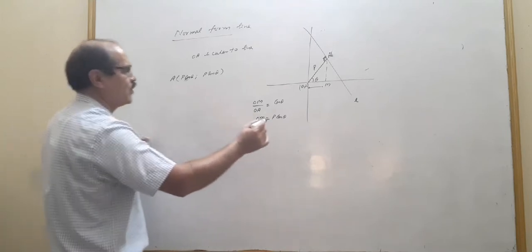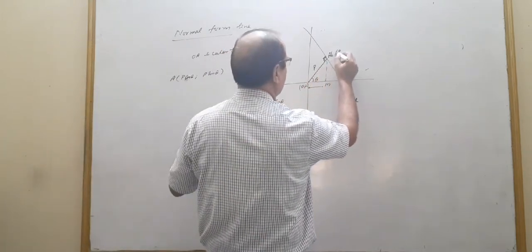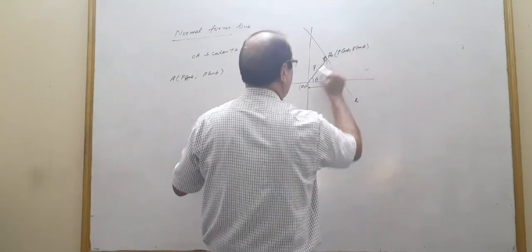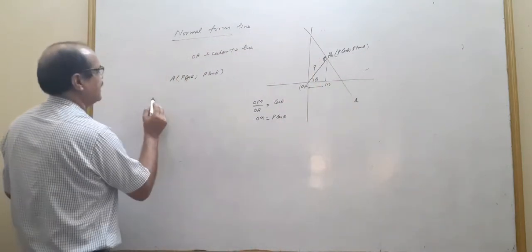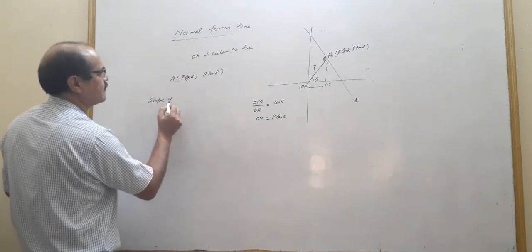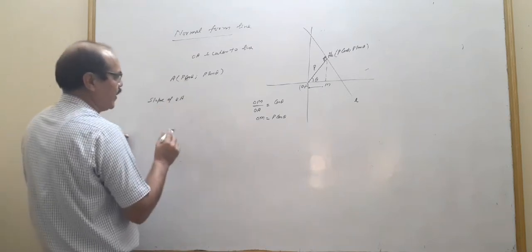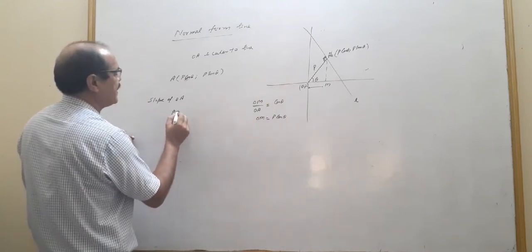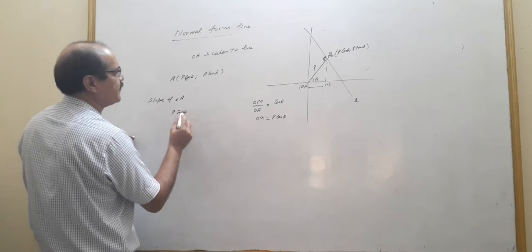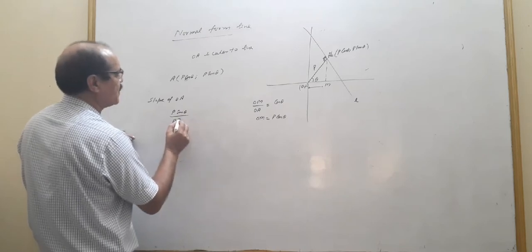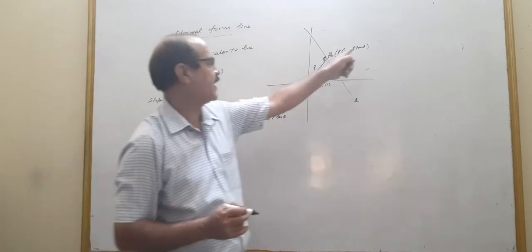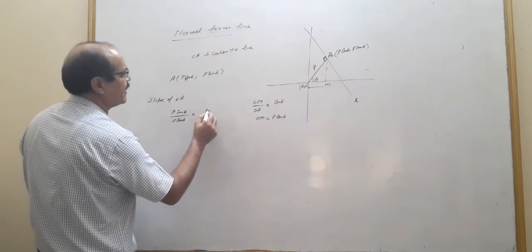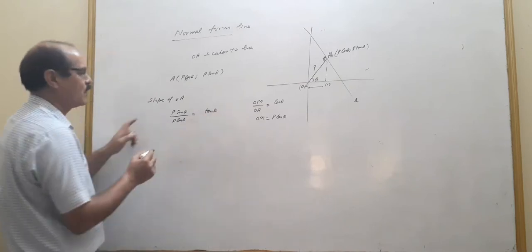After getting the coordinates of this point A, that is P cos theta and P sin theta, you have to find the slope of this line. So the slope of OA, the line joining the two points, is y2 minus y1, that is P sin theta minus 0, upon P cos theta minus 0, that is y2 minus y1 upon x2 minus x1, and this can be written as tan theta. Tan theta is the slope of OA.